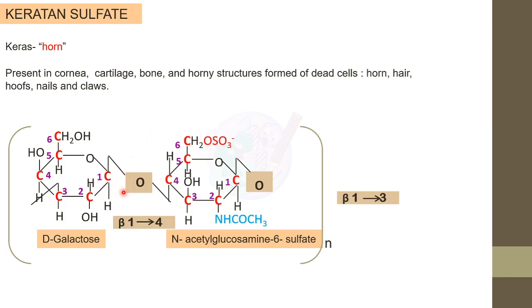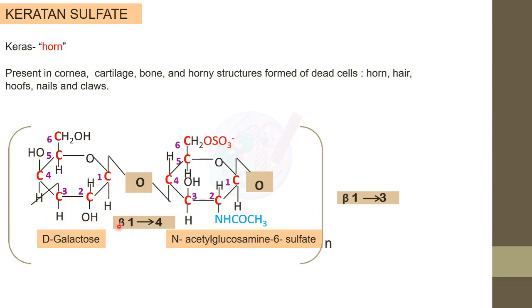The bond is between the first carbon of galactose and the fourth carbon of N-acetyl glucosamine 6 sulfate. And N-acetyl glucosamine 6 sulfate forms a bond with D-galactose in beta 1,3, with its first carbon involved, bonding with the third carbon of galactose.